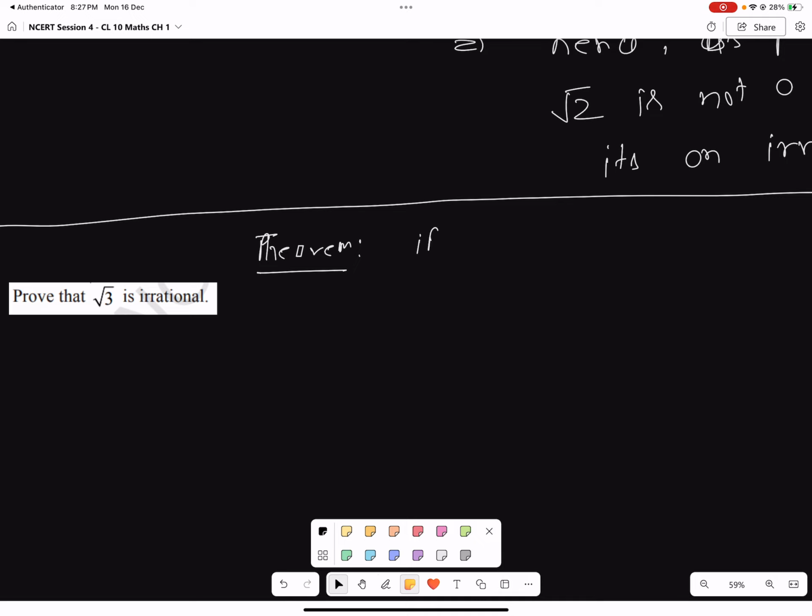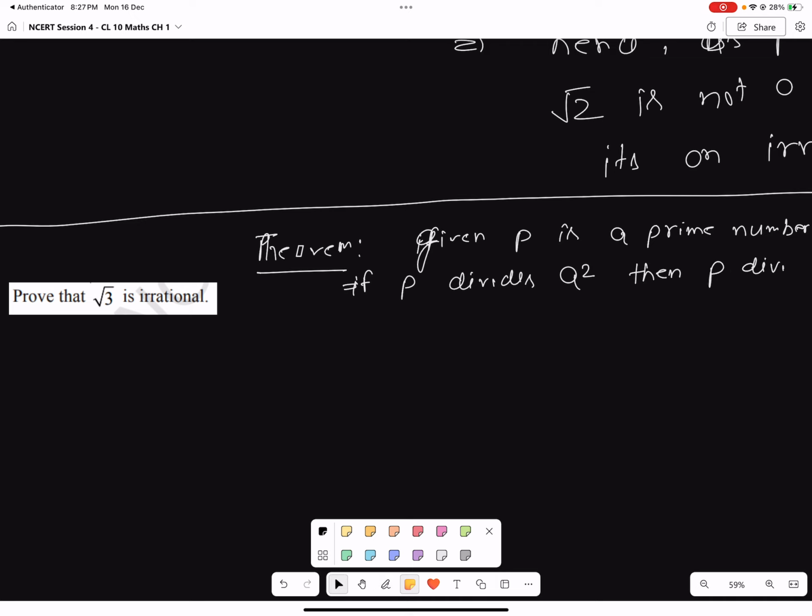and you would say, given p is a prime number, if p divides a square, then p divides a also, and a is a positive integer, right?